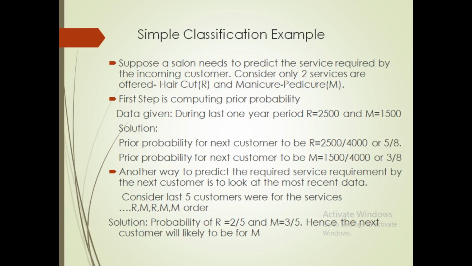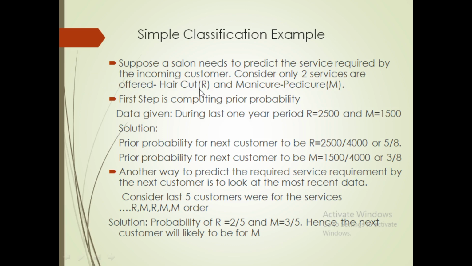We'll consider a simple example over here. Suppose a saloon needs to predict the service required by the incoming customer, and we will assume that only two kinds of services are offered over here.